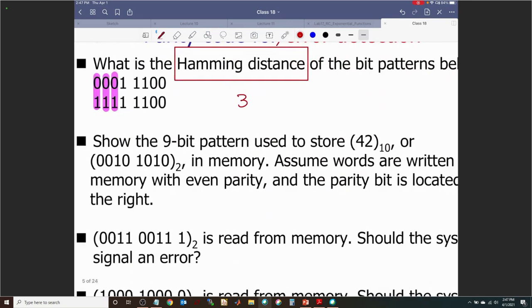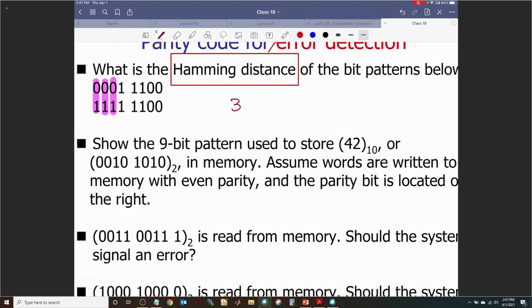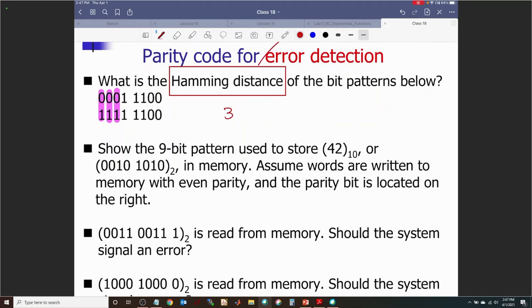Pretty easy so far. All right, let's go to the next point here, which is to show the 9-bit pattern used to store 42. 42 is expressed in decimal, and we are trying to show the 9-bit pattern, not the 8-bit, with all of these bits in binary, and that's what you're trying to store in memory.